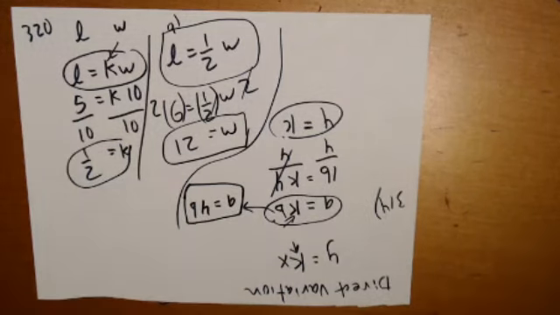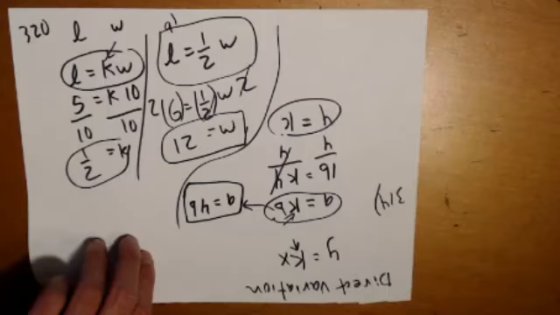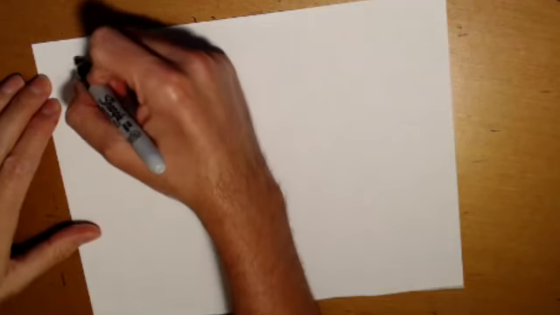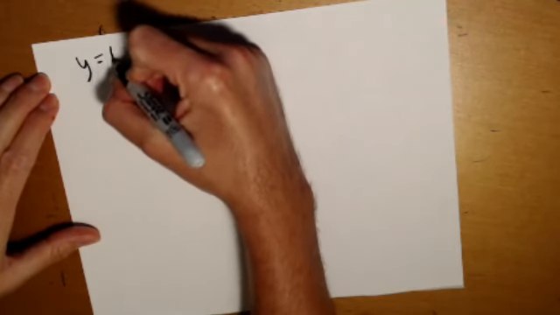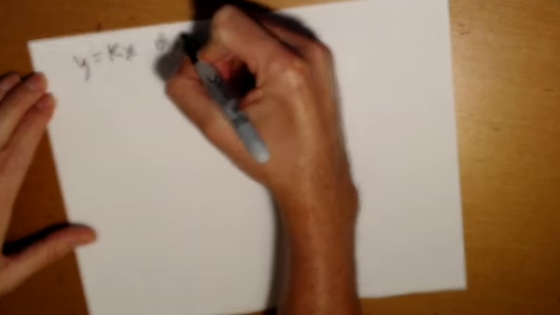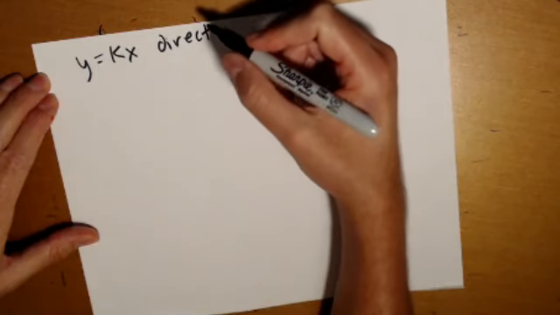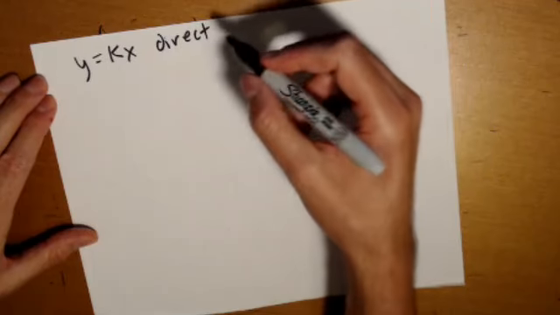Okay. Now let's try inverse variation. Since direct variation made total sense, inverse. Did I say indirect before? I meant inverse, my bad.